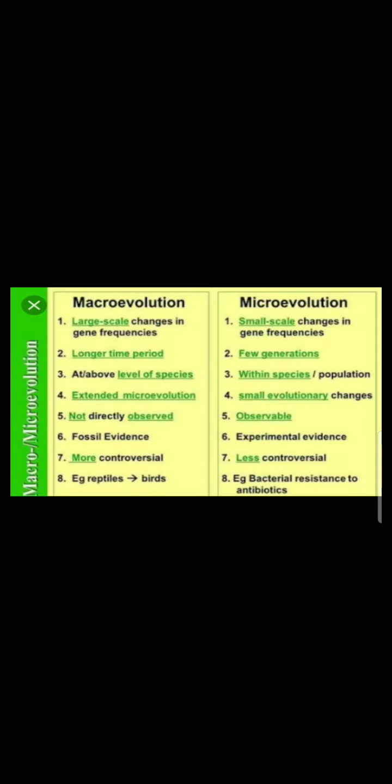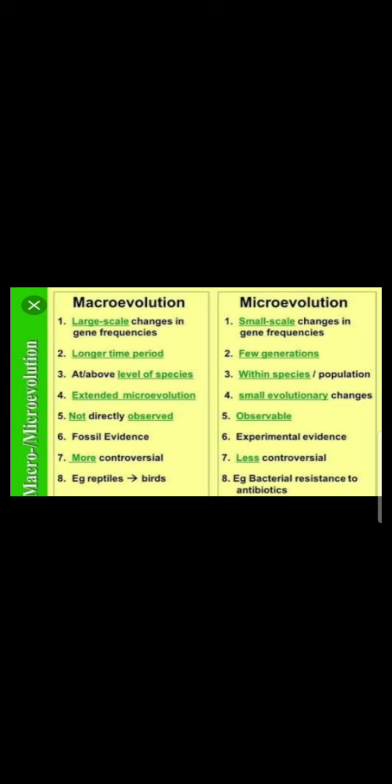In this diagram, we understand macroevolution, that is the evolution of species, genera, and so on. Now, we summarize the topic by comparing the two types of evolution. Firstly, in macroevolution, large-scale changes occur in gene frequency, whereas in microevolution, small-scale changes occur in gene frequency.